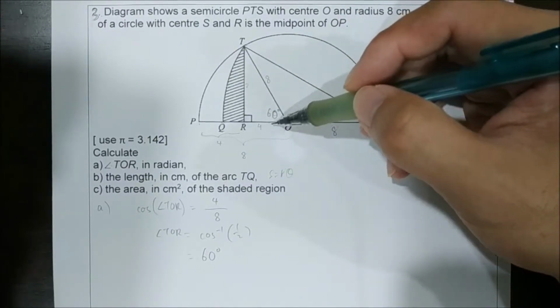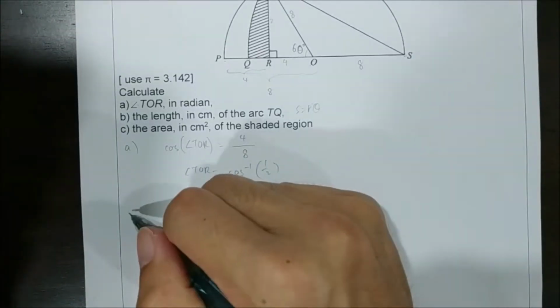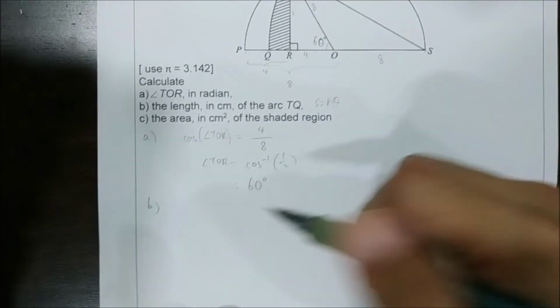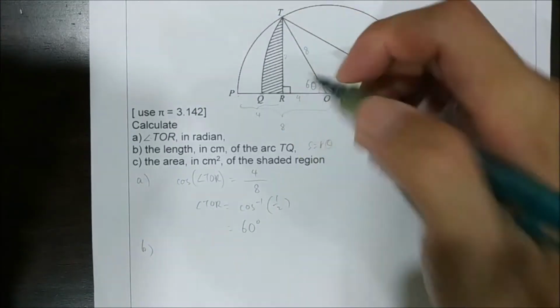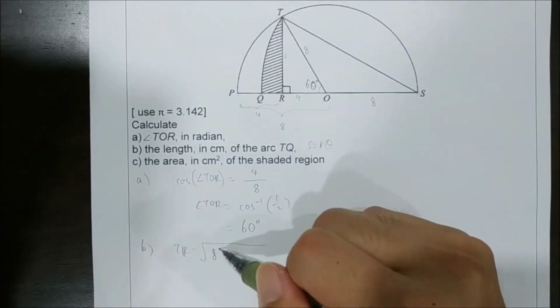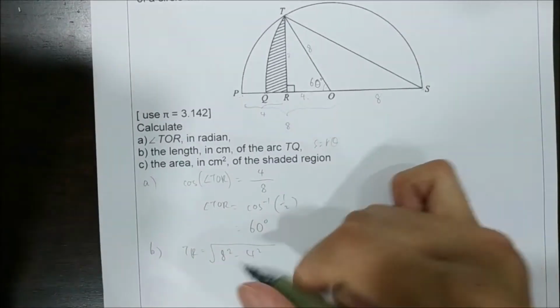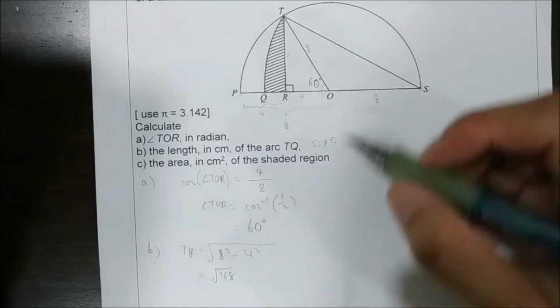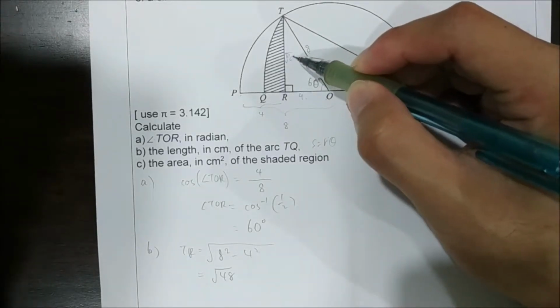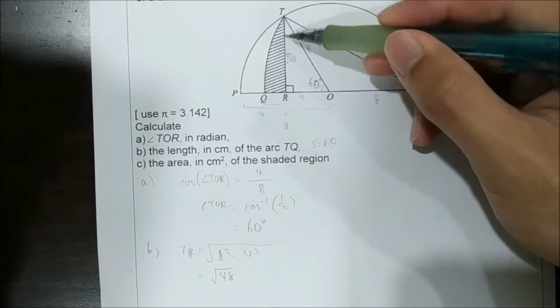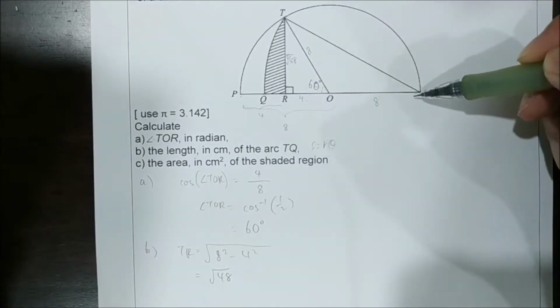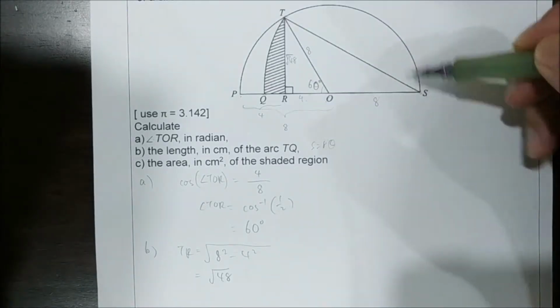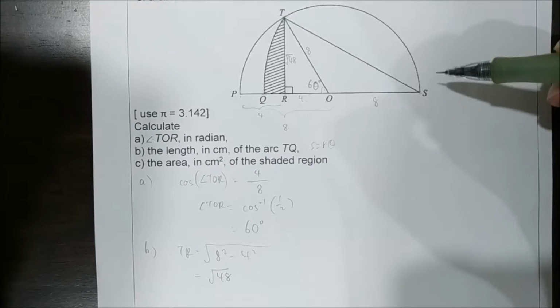Or you can use cosine rule, either way. So I use Pythagoras theorem to find TR. Now I know that TR is the square root of 48. Then I can use this side and this side. Again, with the Pythagoras theorem, I can find the hypotenuse TS.